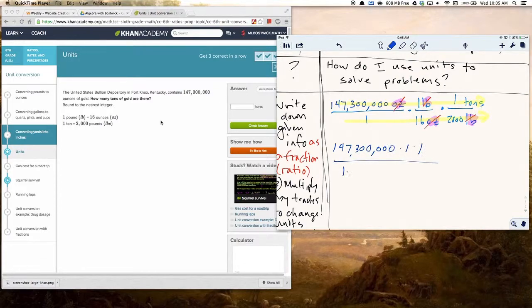And I'll do 1 times 16 times 2,000 on the bottom. I'm just going to take a moment to actually do that calculation. This is one of the kinds of problems that you are allowed to use calculators on. The top I don't need one for though, because it's just 147,300,000, because anything times 1 is itself, over 1 times 16 times 2,000 is 32,000.